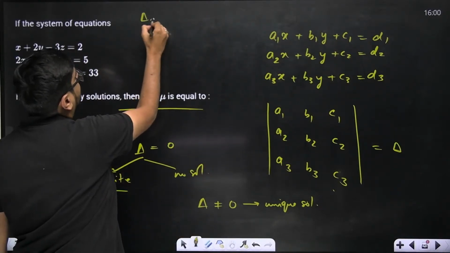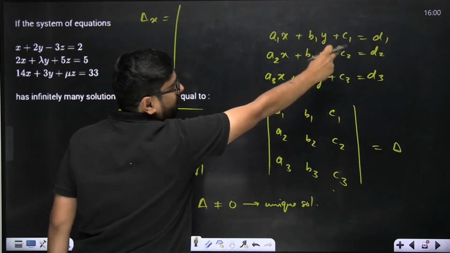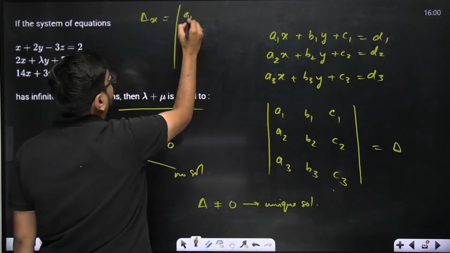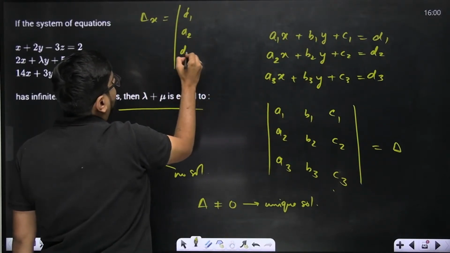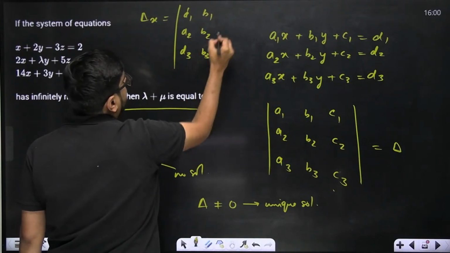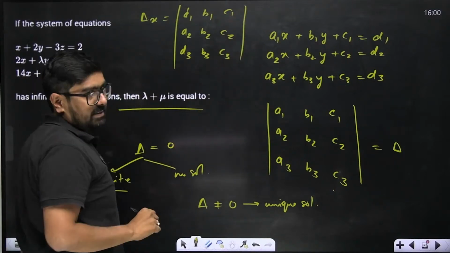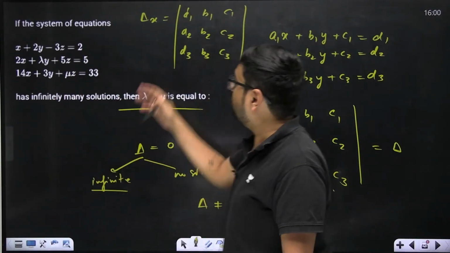For example, delta x is, instead of the x coefficients, you write the constants. That means d1, d2, d3, and b1, b2, b3 and c1, c2, c3. This is your delta x. And similarly, you will have delta y.